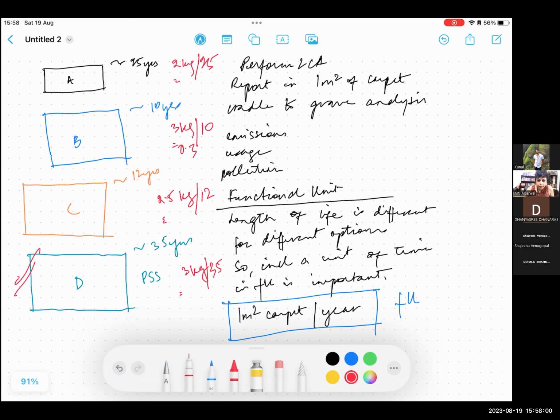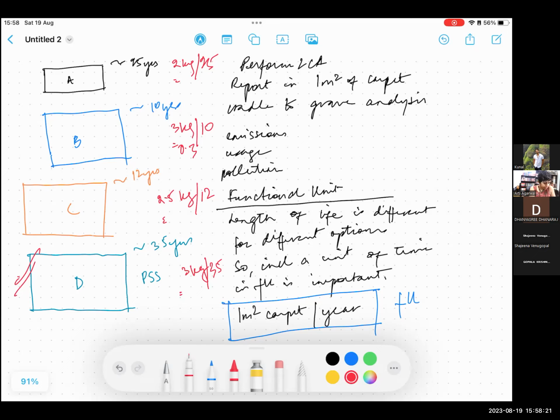This will be something like 0.2, this is 0.3, this is also something like 0.1, this is something close to 0.1, but I think 3 by 35 is smaller than 2 by 25, right? Am I wrong? Would somebody calculate and tell me?